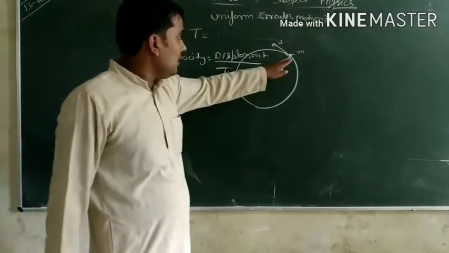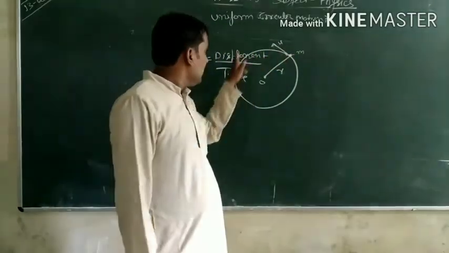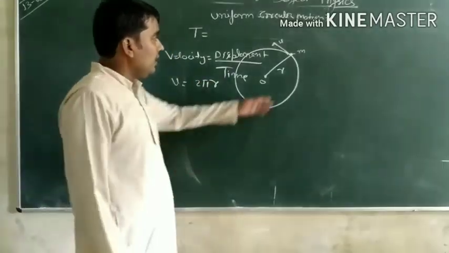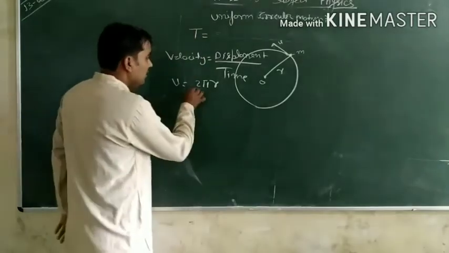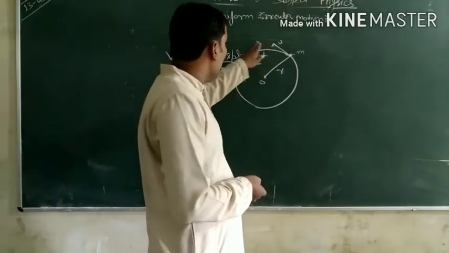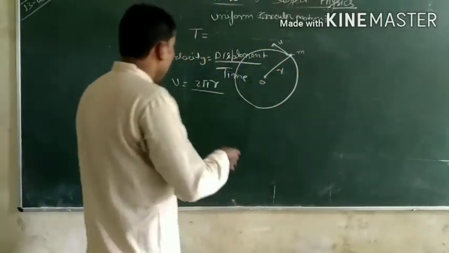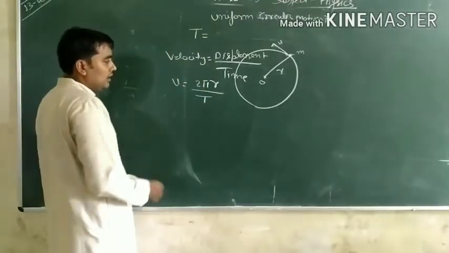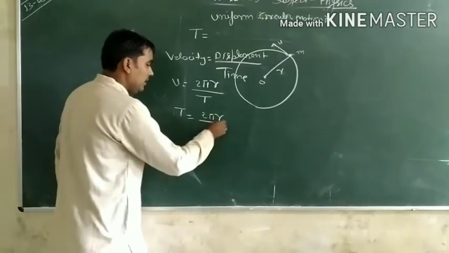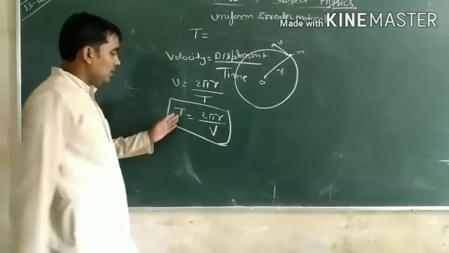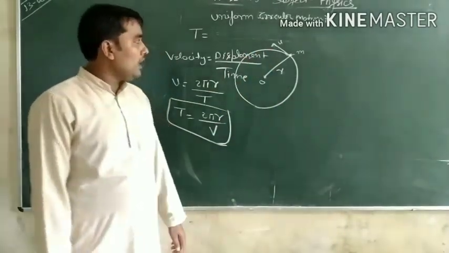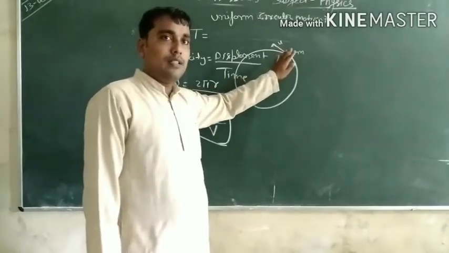So the displacement to complete one revolution is 2 pi r, which is the circumference of the circle, and the time in which the object completes one revolution is called the time period, represented by capital T. Now T is equal to 2 pi r upon v. This is the formula for the time period to complete one revolution of a moving object on a circular path.